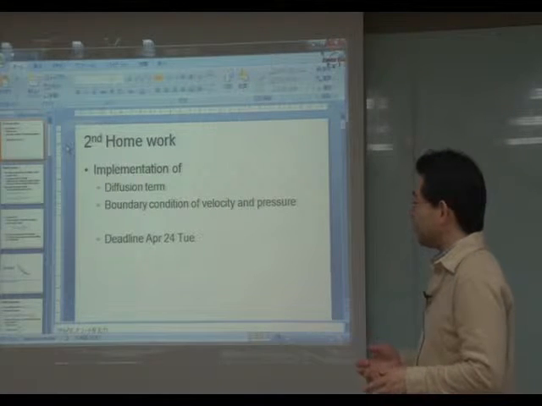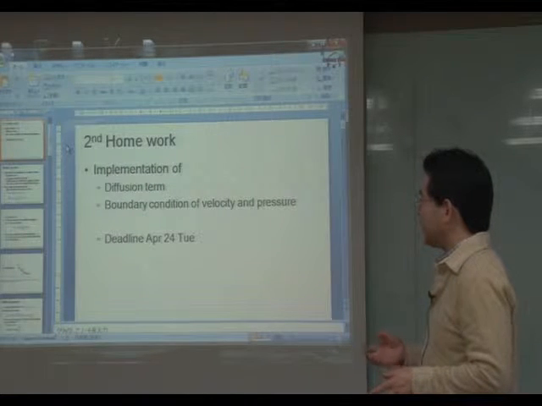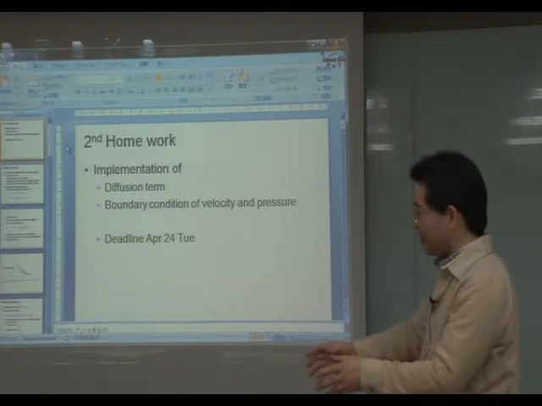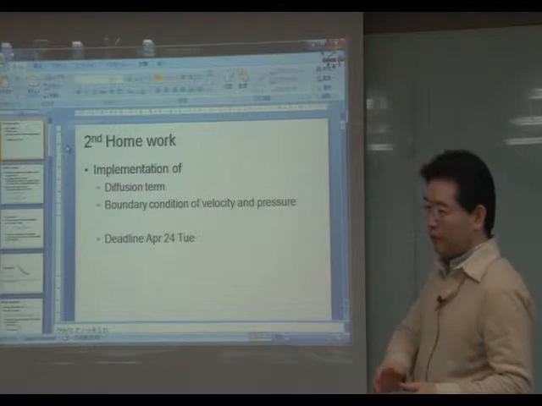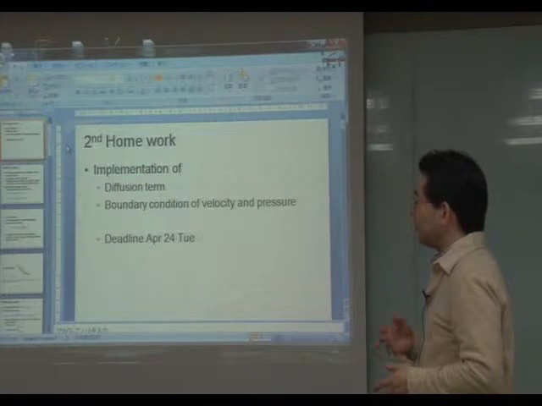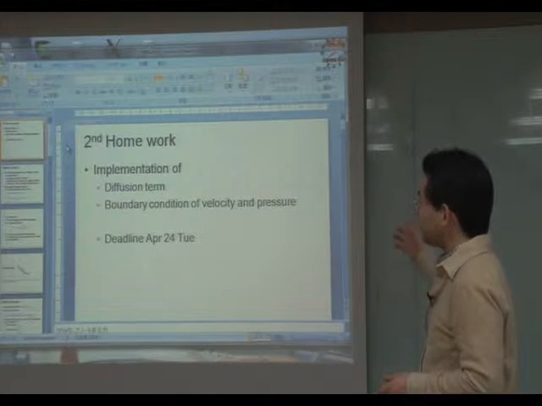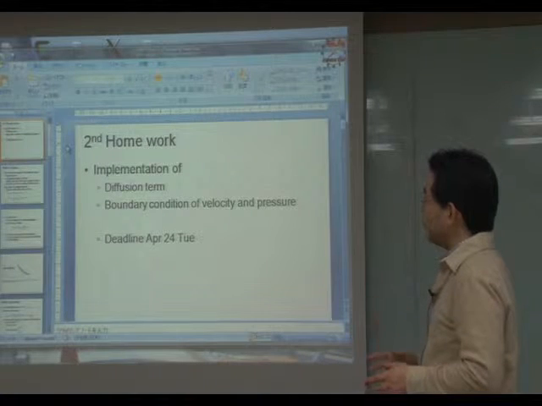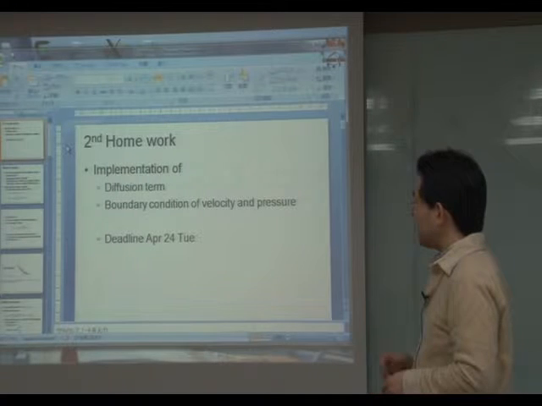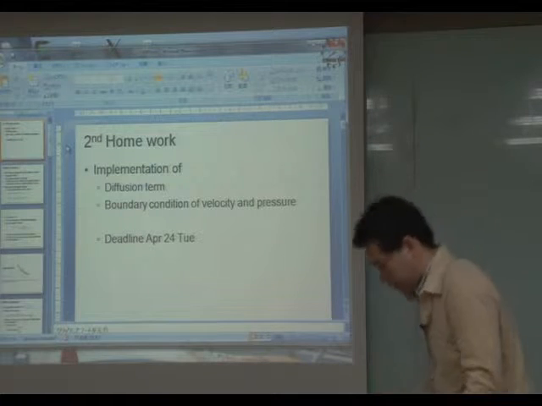But in my experience, it is very complicated because one boundary condition is in one routine and some other conditions are in a different routine. It is not easy to handle such a situation. So please provide all the conditions in one routine. I will give you one example in the next class.